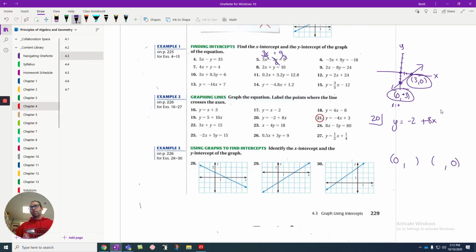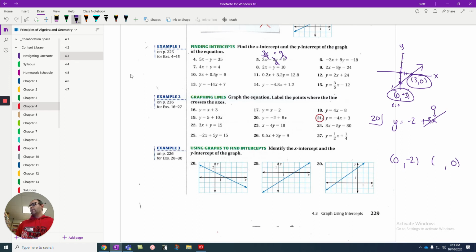Let's start with the first one. If I let 0 go into the x, the 8x gets canceled completely. Notice that the y is already alone, which means y will equal negative 2. So that's really convenient. When we have it written in this y equals form, finding the y-intercept is easy.